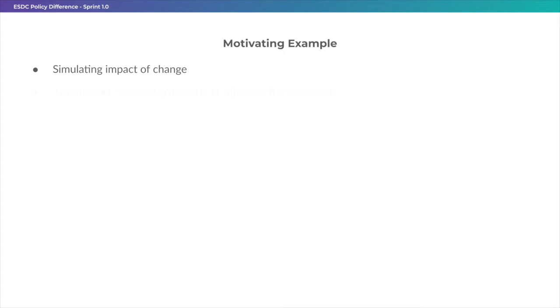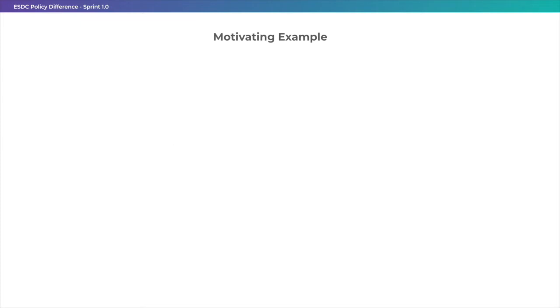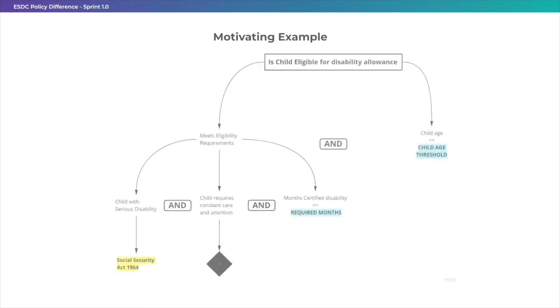So in order to run these simulations, some degree of automation may be required. The particular legislation that we might be working with will need to be interpreted and programmed into a computer. Legislation is traditionally not written with this in mind, so there will need to be some conversion. So let's just take a simple example from a New Zealand study that calculates the eligibility for a child disability allowance.